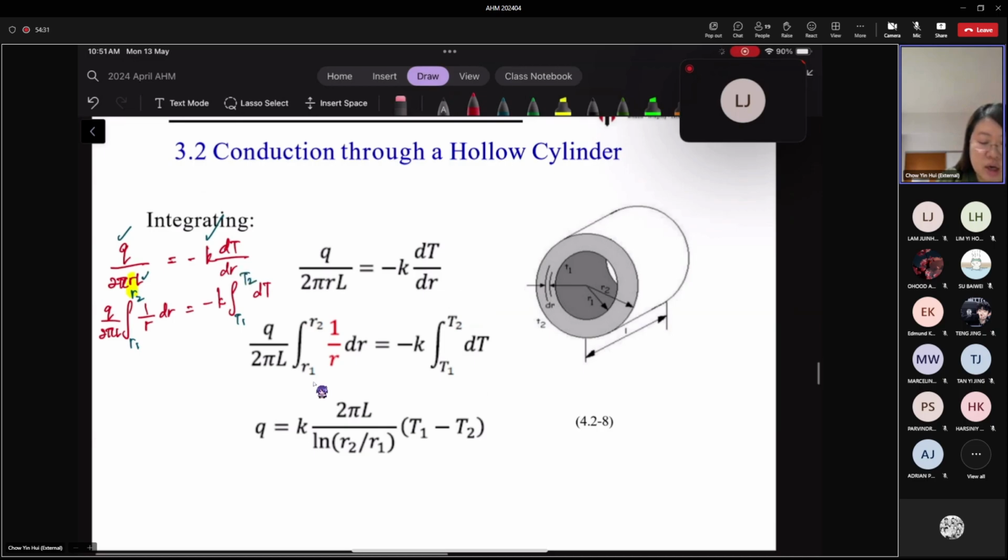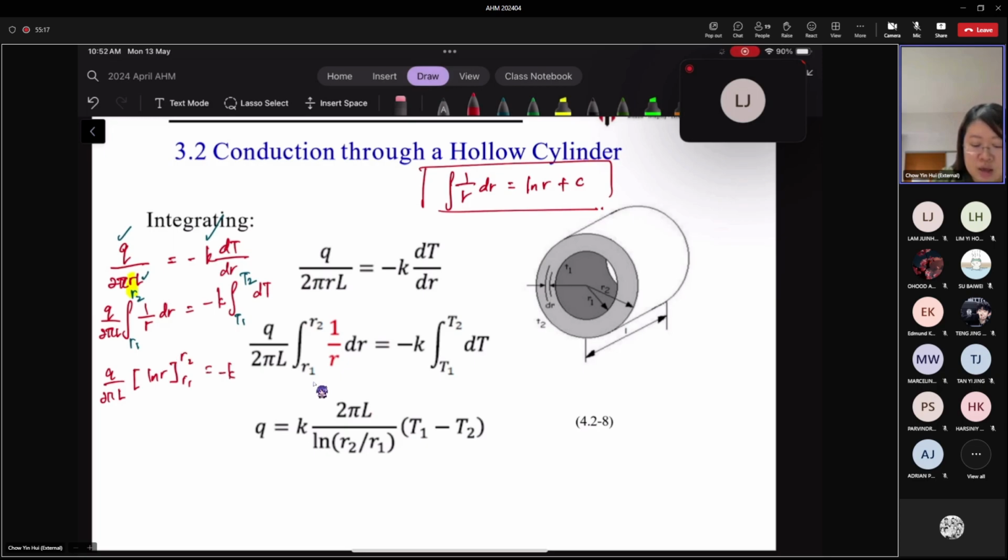Solving this, integrating 1 over R with respect to R, you get ln R plus C. So we have Q over 2 pi L times ln R from R1 to R2, then negative K times the integral of temperature, with boundaries T1 and T2.